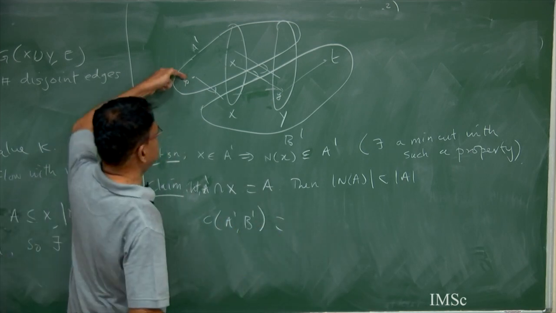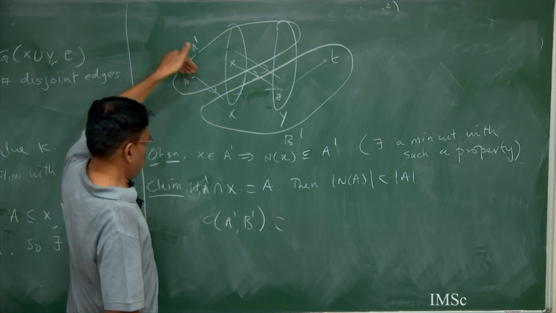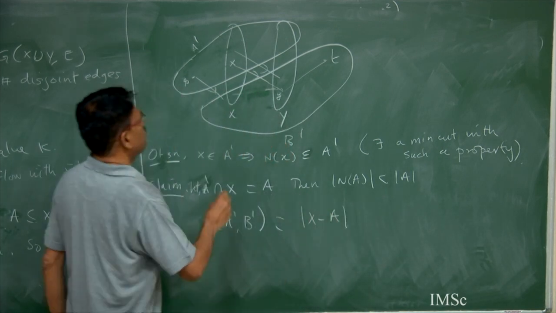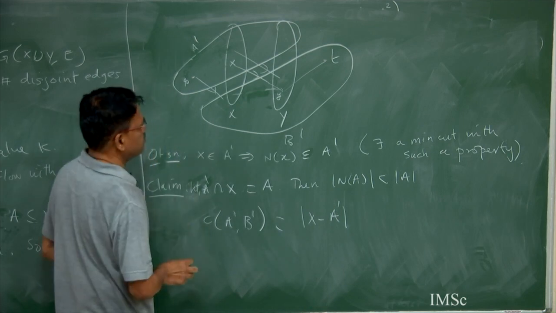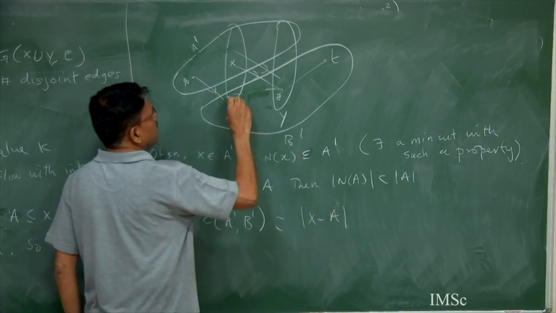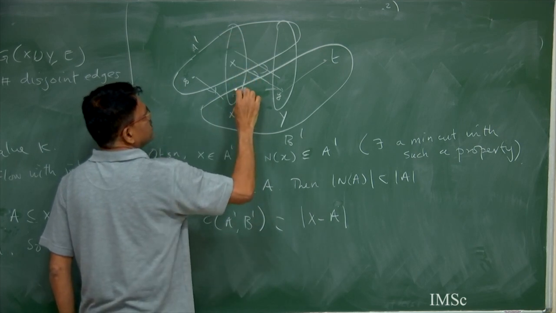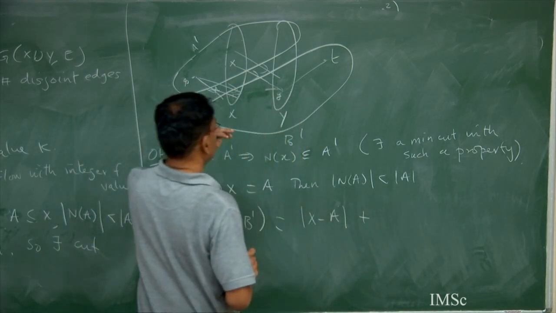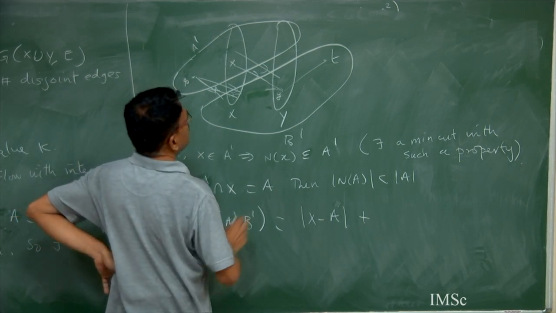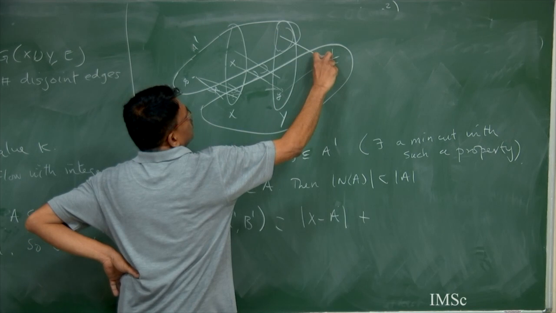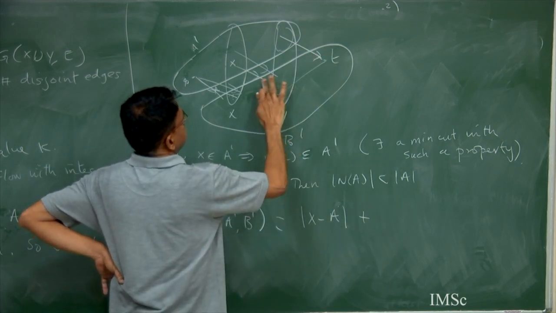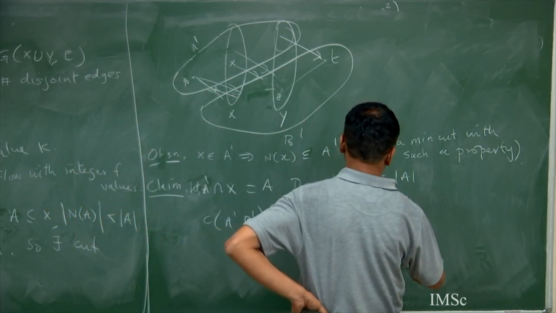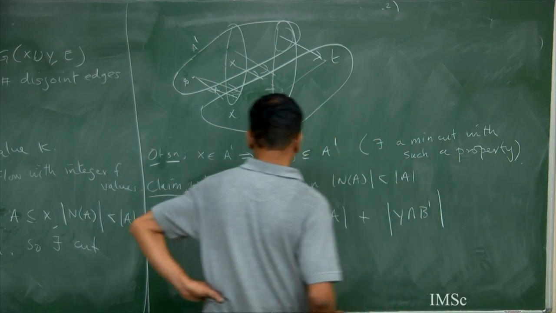From S there are edges to X minus A, so it's the cardinality of X minus A. These are the vertices S has edges coming into, and these are all part of the cut, plus the edges in the cut from the vertices here to T. So plus Y intersection B prime, this is the value of the cut.